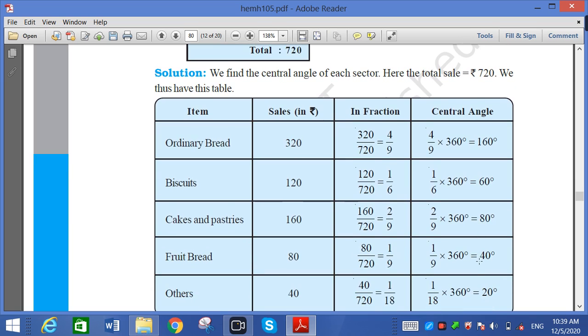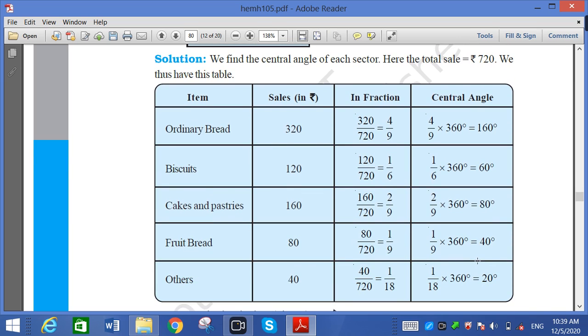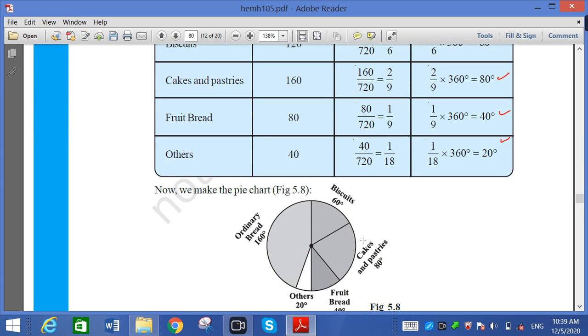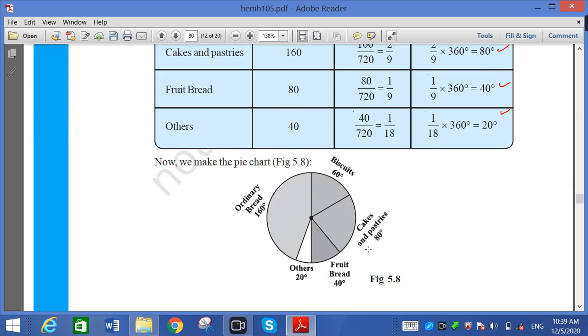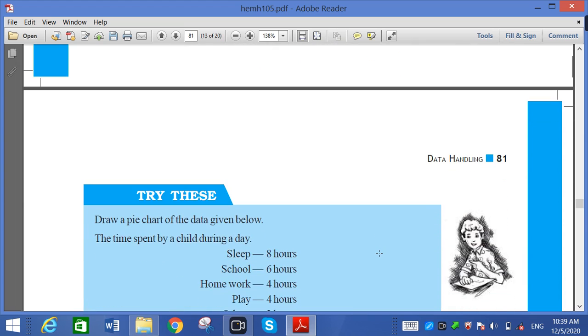This information is given to convert into the pie chart. So we already know how to find this degree. Make a fraction first, writing the total in the denominator and the given value in the numerator, and then draw the pie chart. So this lecture is, I think, sufficient.